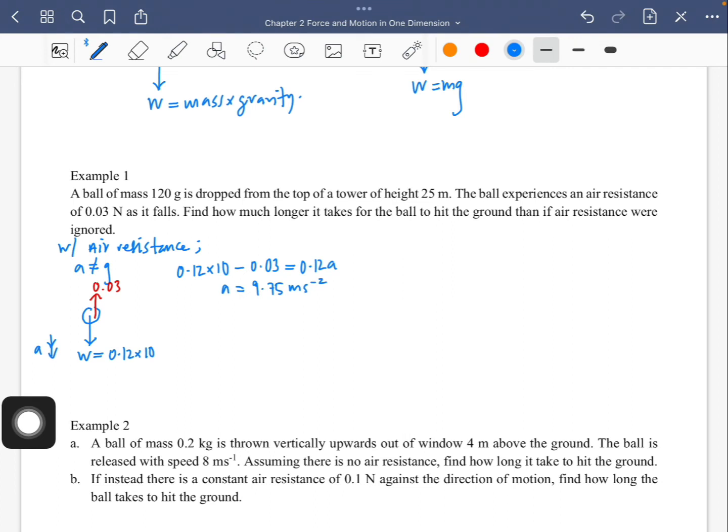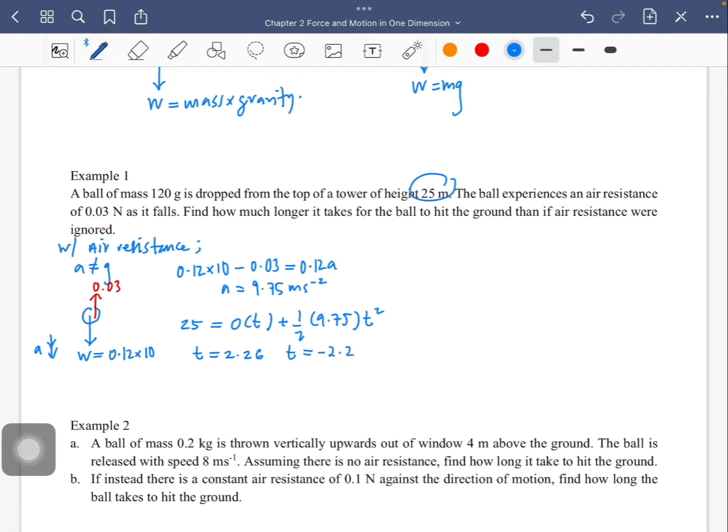In order to find the time taken to reach the ground, we use the suvat equation. Since the displacement given here is 25, we use 25 equals ut plus half at squared. u is 0 times t, the thing that we need to find, plus half of the acceleration 9.75 multiplied by t squared. Solving this quadratic equation, t is equal to 2.26 seconds, and the other solution is negative 2.26 seconds.